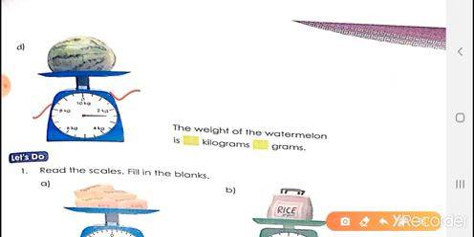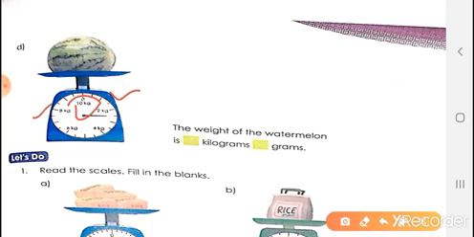We have the scale up to 10 kilograms, means this scale can find out the weight of those objects that have weight less than 10 kg or up to 10 kg.